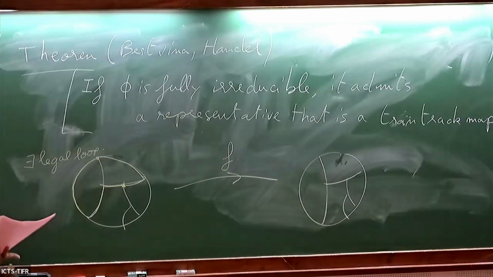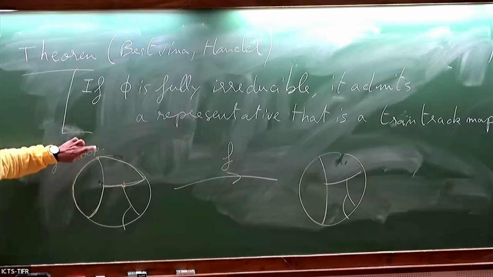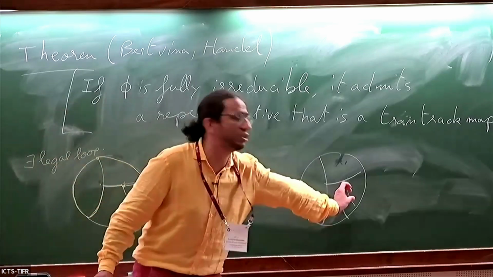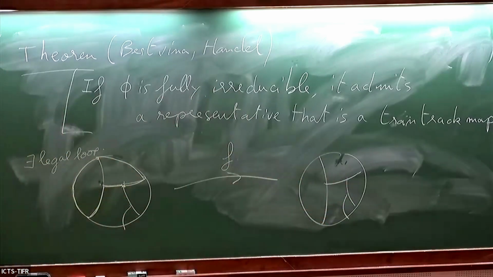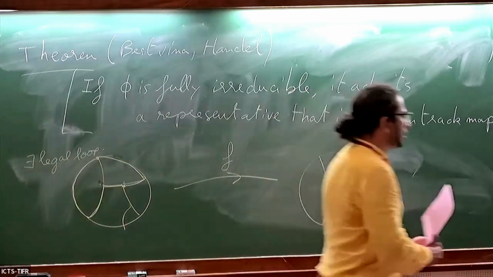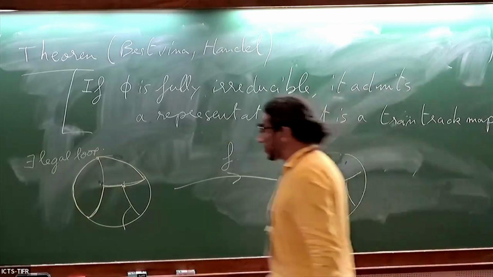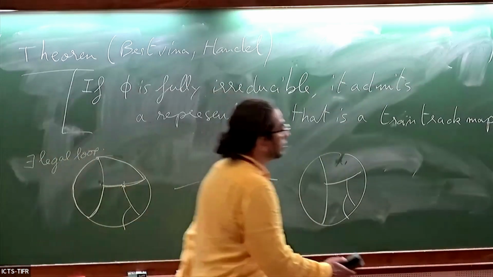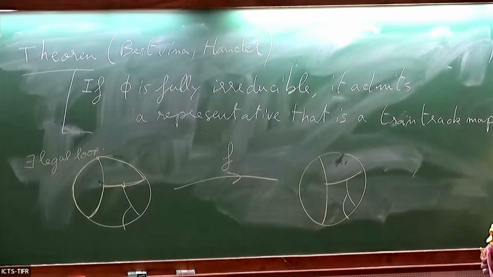But still, I cannot say much because I don't know where this edge is sent. This edge is very long. Perhaps it's sent on a tiny edge here. Yeah, I want to change the length of my edges and make this a metric graph. And how to do so? I'm looking at the incidence matrix of F.